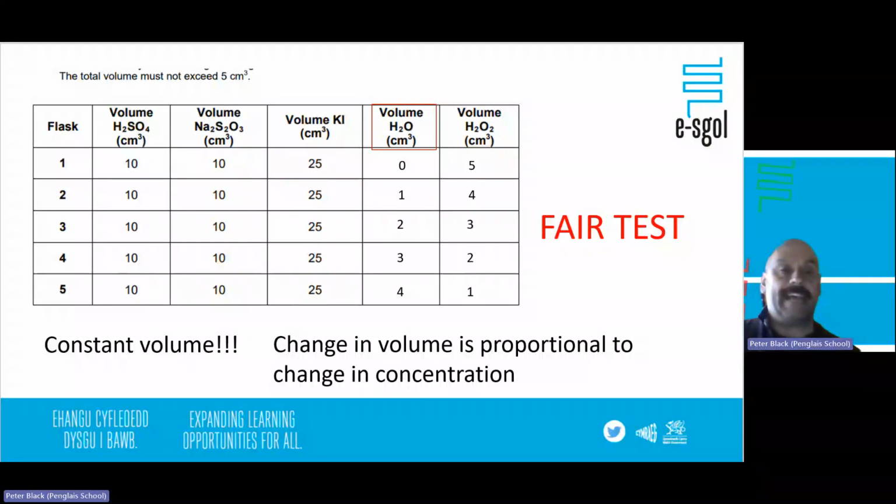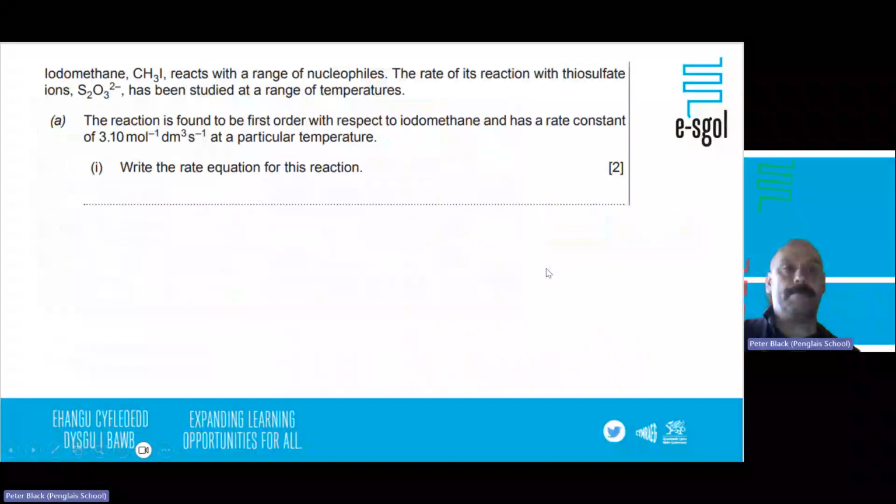To make this a fair test, if we're looking at the effects of the peroxide concentration, we'd want the concentration of all the reactants to be the same on each run. Other things to make it a fair test, of course, same temperature. Something I didn't mention in my previous presentation: I did say changing volume is proportional to changing concentration, but it's also really important that you talk about this being a fair test by having a constant volume.